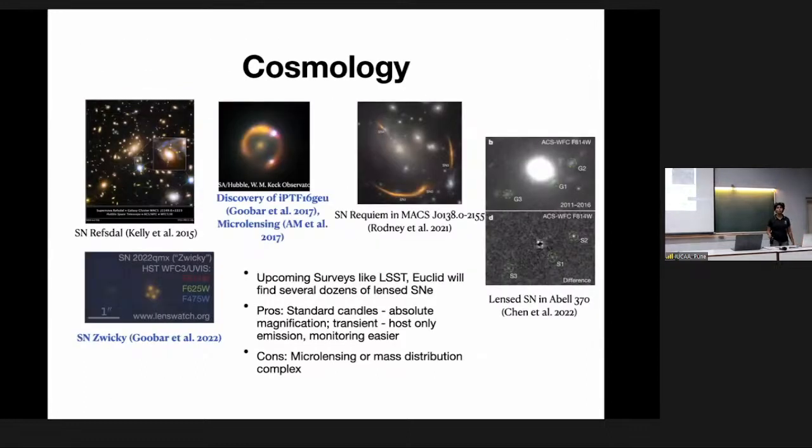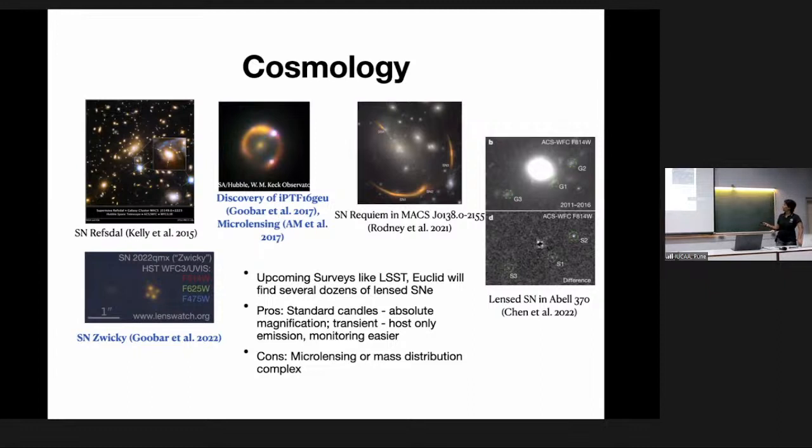Whereas these lens supernovae are systems we have just recently started to find from some of the surveys like the Zwicky Transient Facility, which are dedicated to finding transients. These surveys have now started to find them, and there are going to be even more surveys like LSST and Euclid and so on, which will allow us to find many more transients, and as a result many more instances of lens supernovae.